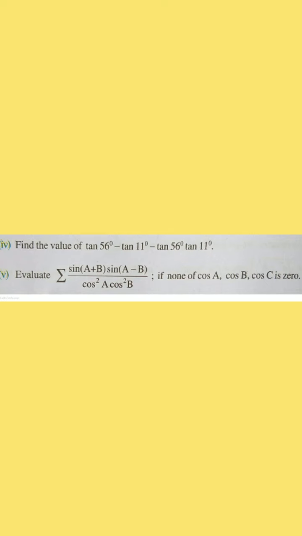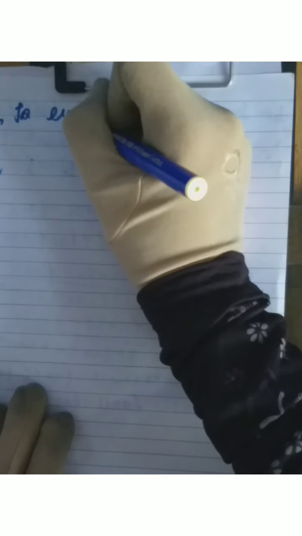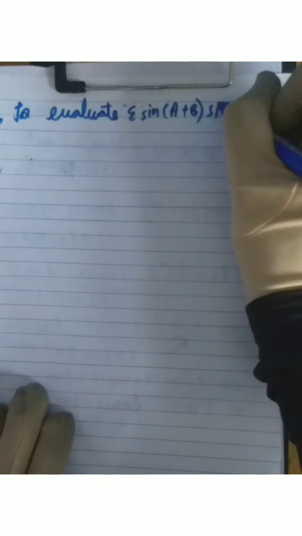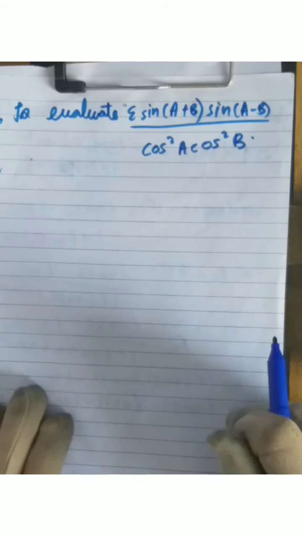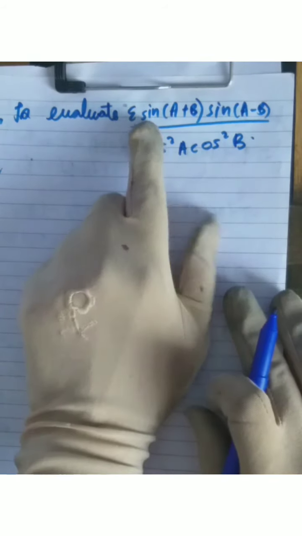Now this type of sum is a bit different, but it is very easy. If you concentrate, you will understand. We have to evaluate. Evaluate means find out. Okay, so if you observe this question carefully, here we have sine a plus b.